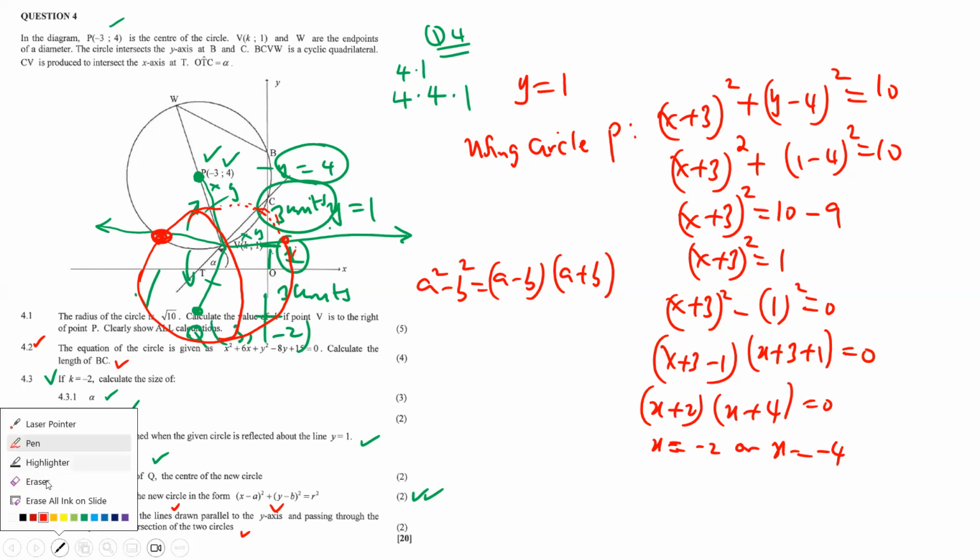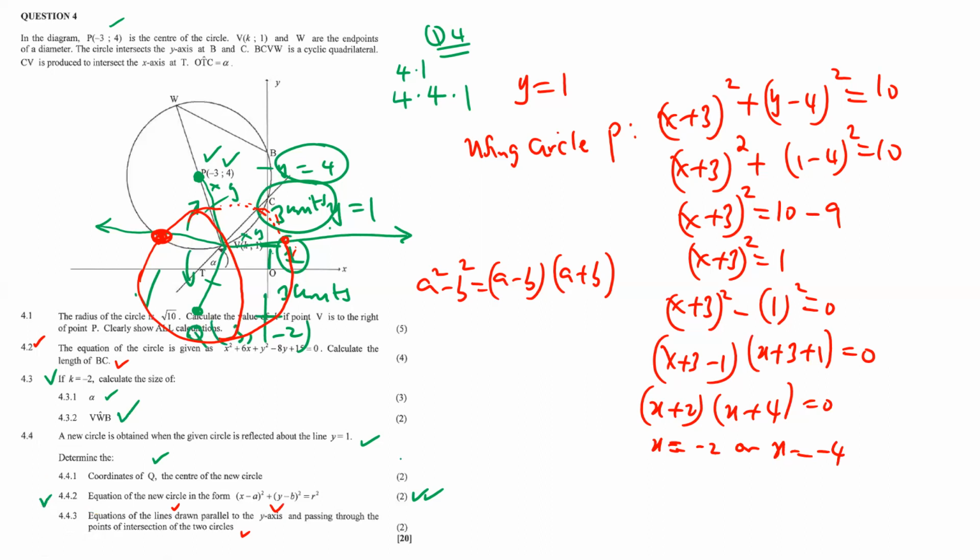If the question had said determine the equations of the lines drawn parallel to the y-axis passing through the points of intersection of the two circles, in other words, there's one line that is going to cut through here, and that will be x equal to minus 4, parallel to the y-axis.